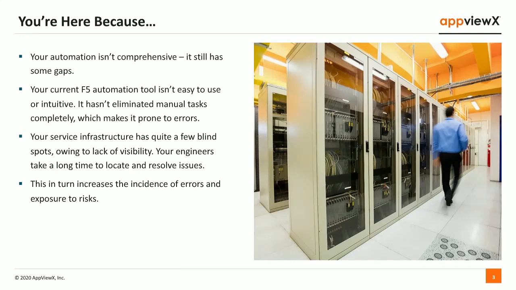It could be certificate creation, for example, or it could be the change request that you still manually create, a whole bunch of stuff. It does automation tasks, but there is an orchestration challenge as well. And there are blind spots in the service infrastructure, meaning you're not able to see what was configured, or the status and statistics from your application perspective.